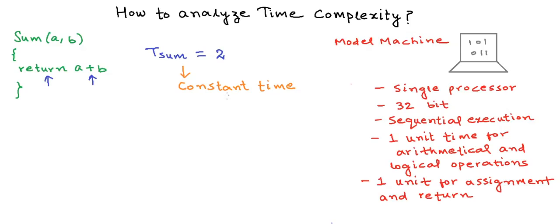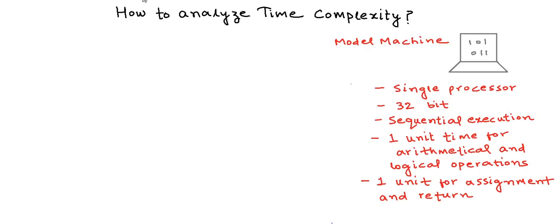Now let's pick up another example. Let's say we want to write a program that gives me the sum of all the elements in a list. So I would write a function sum of list that will take a one-dimensional array a as input, and let's say it also takes as argument to the function the size of the array.